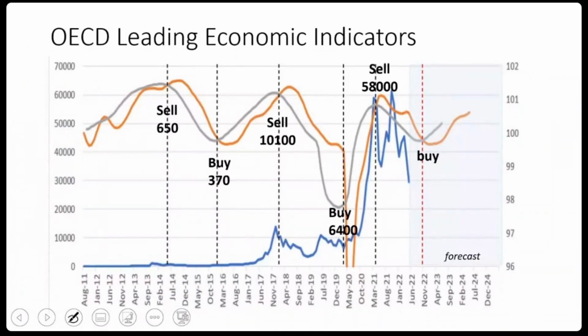Having seen that, I tried to play around with it. I personally look at something called the OECD Leading Economic Indicator, which also looks at business cycles, but more on a leading basis. It tries to predict the business cycle going forward. I did a moving average of the leading indicator, playing around with it and using it a bit like a buy and sell signal, and got something like this.